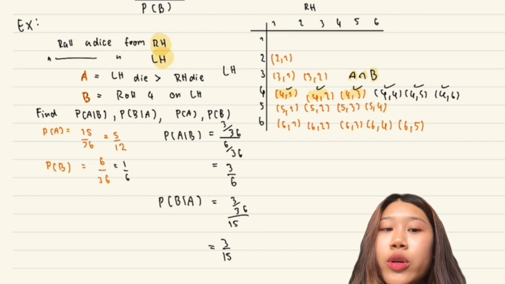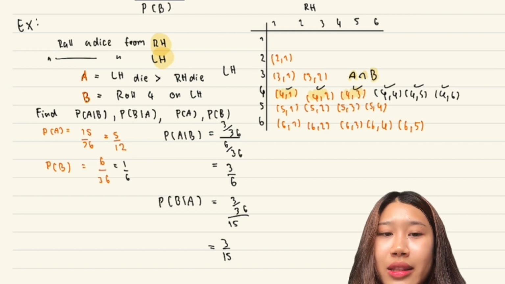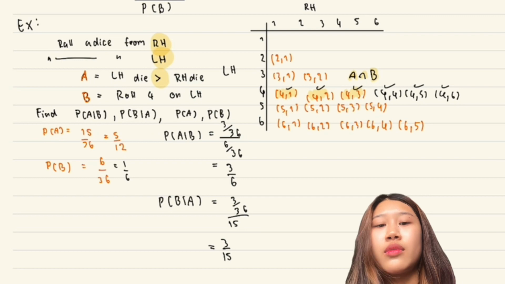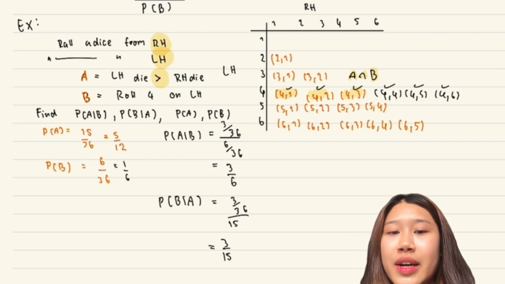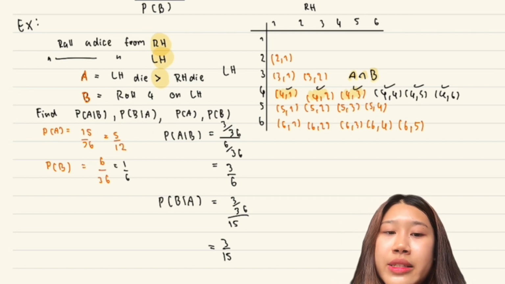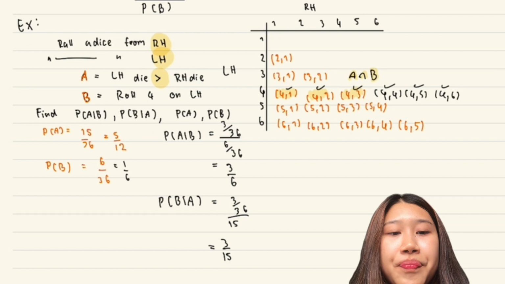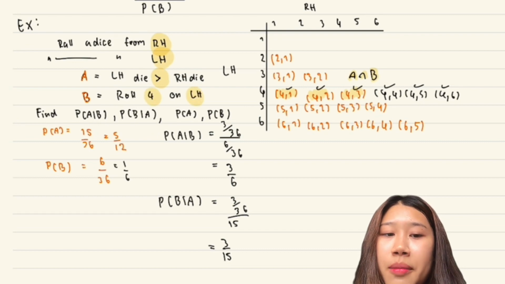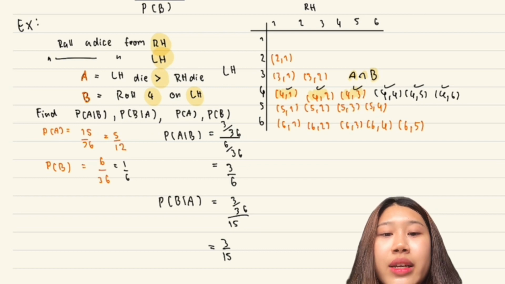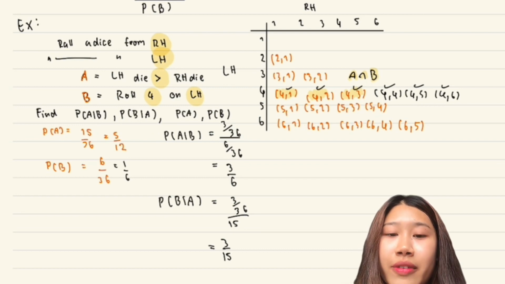Let A be rolling a die from the left hand greater than rolling a die from the right hand, and let B be you get the number 4 from rolling a die in the left hand. I want you to find the probability of A given B, the probability of B given A, and also the probability of A and B.